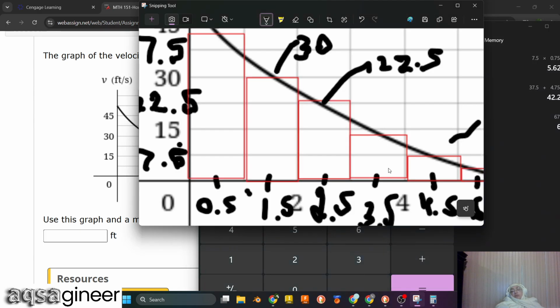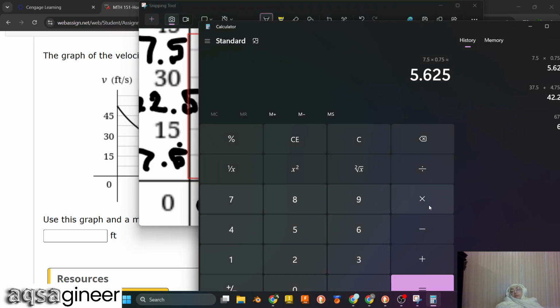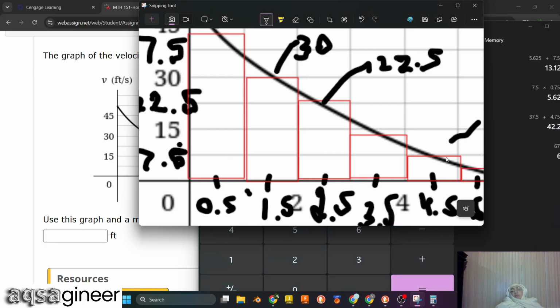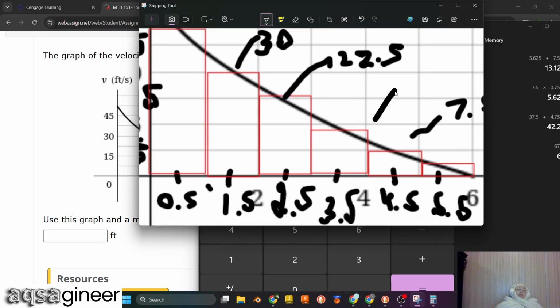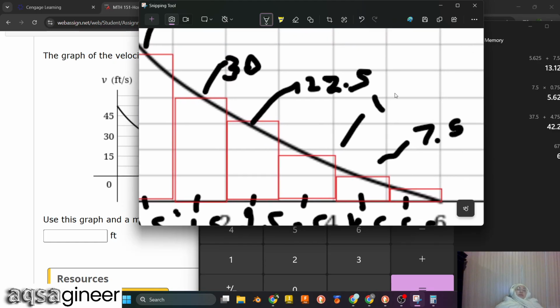So 5.625 plus 7.5 is 13.125. I don't think it's that precise, but whatever. 13.125.